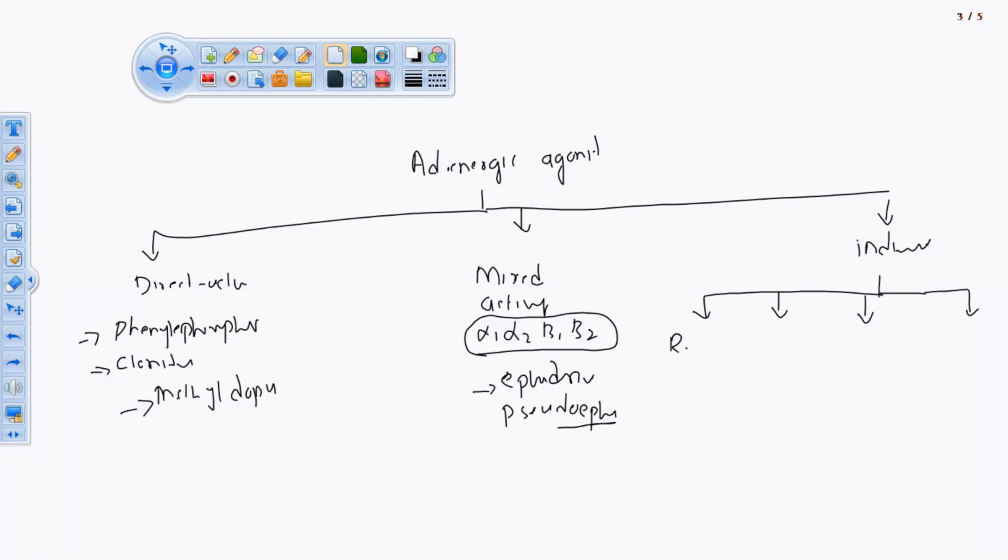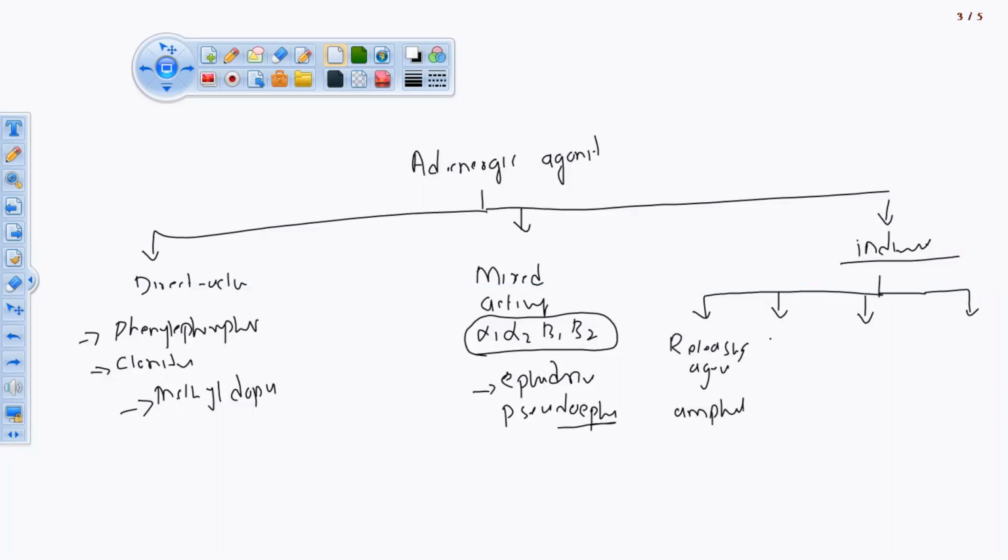First it will activate and release. The drugs which will release are amphetamine, the derivative of amphetamine. Releasing of the neurotransmitter, releasing of norepinephrine, those are indirect acting drugs, not direct acting drugs. Releasing agent, that is amphetamine.